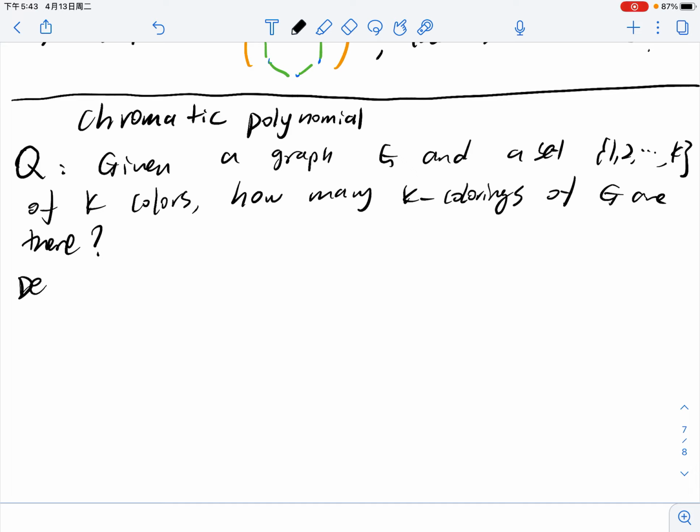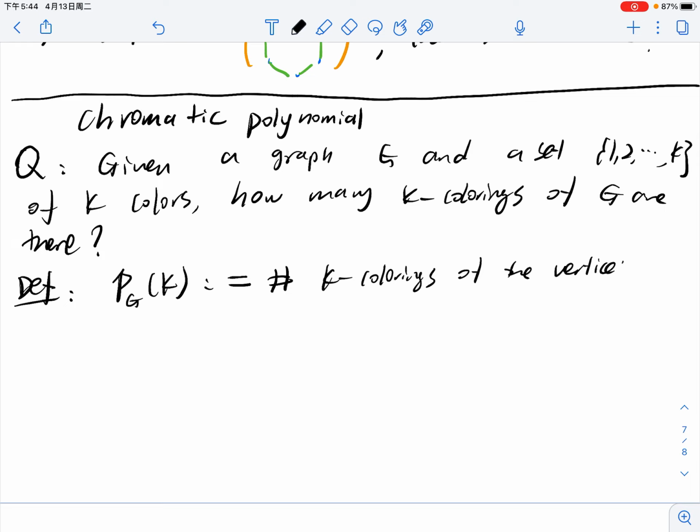And so therefore we define P(G,k) to be the total number of k-colorings of the vertices of a graph G.